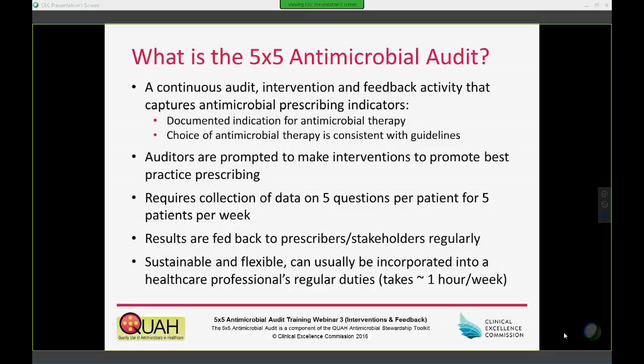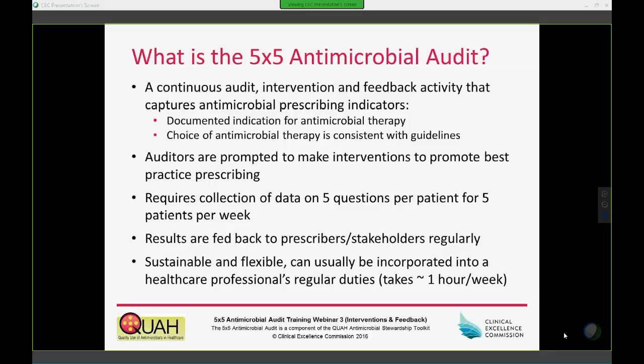It's called the 5x5 Antimicrobial Audit because it requires the collection of data on 5 questions for 5 patients per week in a particular unit or within a service or in a small facility. Results are intended to be fed back to prescribers and other people in your facility or your unit or the ward that are affected by the audit on a regular basis.